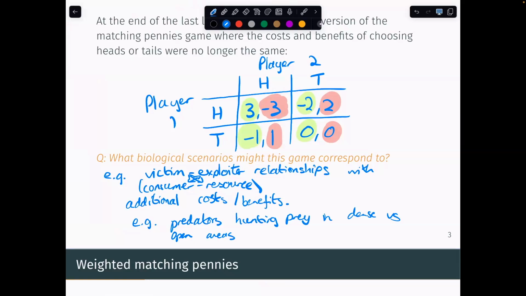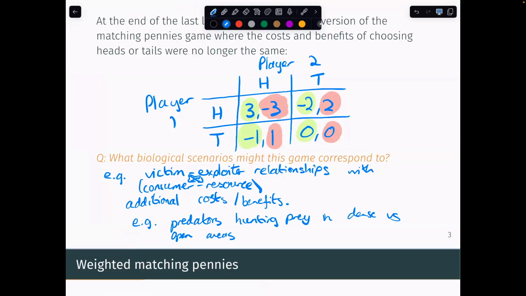This kind of weighted matching pennies game, I mentioned penalty kicks and penalty shootouts in the last lecture, kind of links in with these ideas as well. If you're player one, if you're the shooter and you're right-footed, maybe you're better at shooting to the right or shooting to the left, you're maybe more likely to score a goal, so your probability of scoring will be higher. Therefore, your expected payoff would be higher, if the keeper was just guessing randomly.